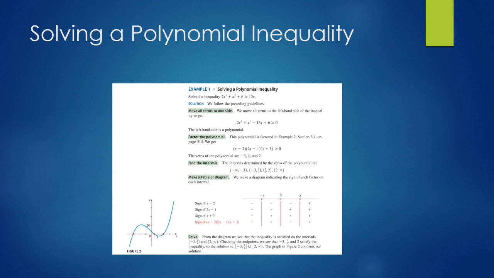And then we look at the intervals determined by the zeros. So here are my 3 zeros, and so my intervals are going to be to the left of the smallest value, in between the smallest value and the middle value, in between the middle value and the highest value, and then to the right.